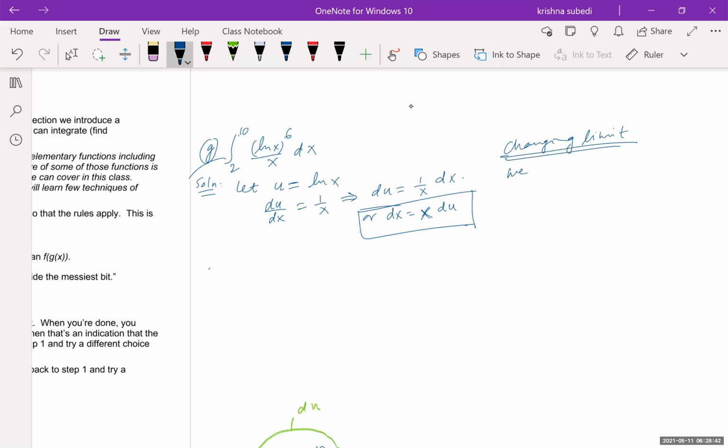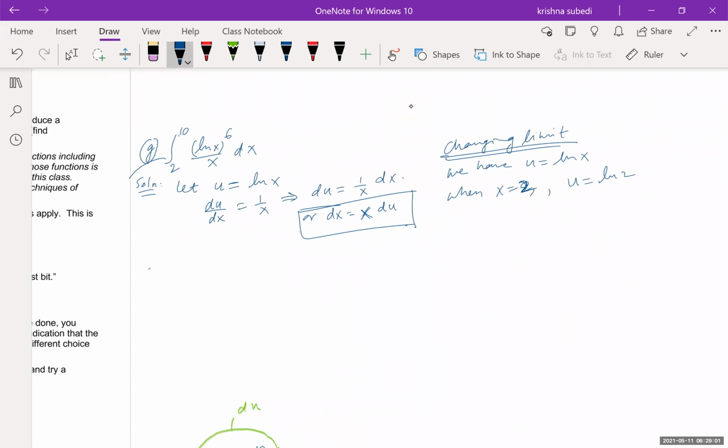Remember, we suppose we have u equals ln x. So when x equals 0, sorry, not 0, 2, when x equals 2, your u becomes ln 2. Does that make sense? Okay, and when x equals 10, your u becomes ln 10.